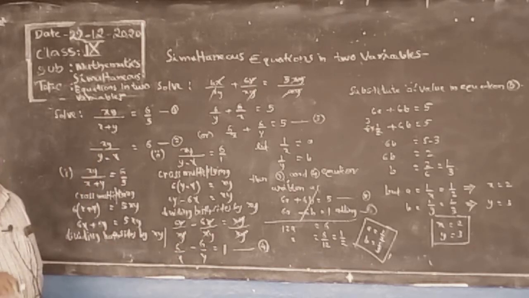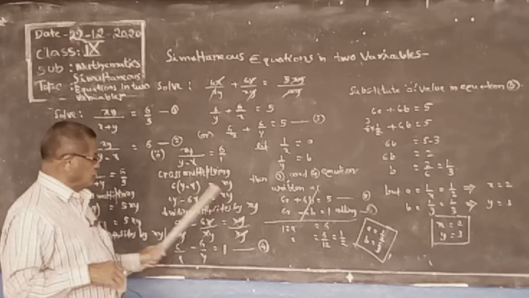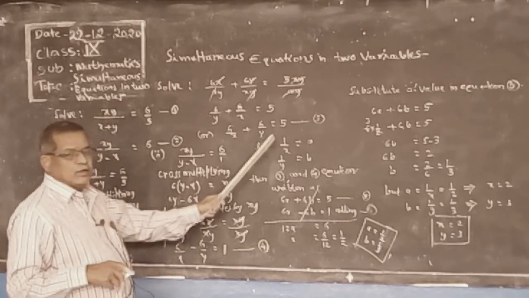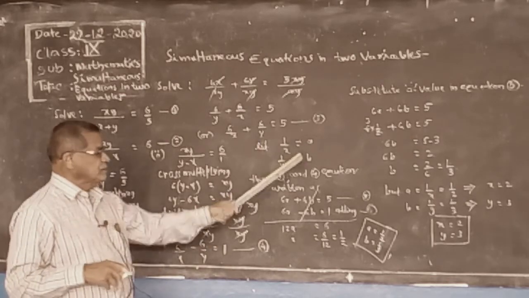Variables are in the denominator, so it is difficult to solve. So an easy way: let 1 by x be a and 1 by y be b.